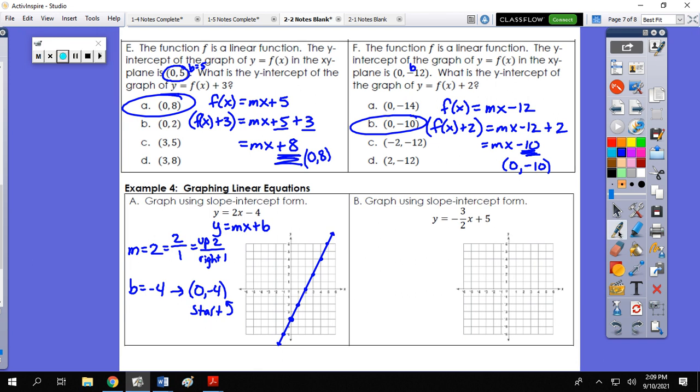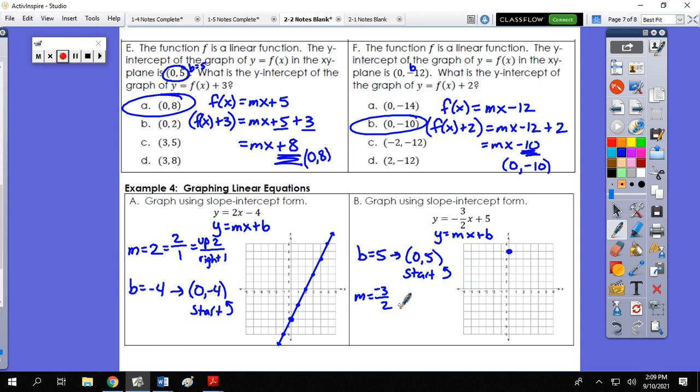Okay, hopefully that rings a bell because you should already be pretty fluent in this. So on the next one here, our y-intercept is 5, which means we're starting at 0, 5. 0, 1, 2, 3, 4 right there. 0, 5 is our starting point. Our slope is negative 3/2.